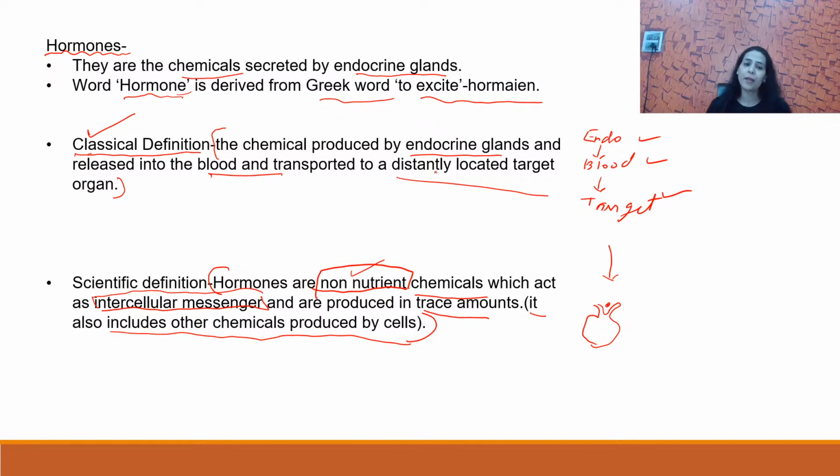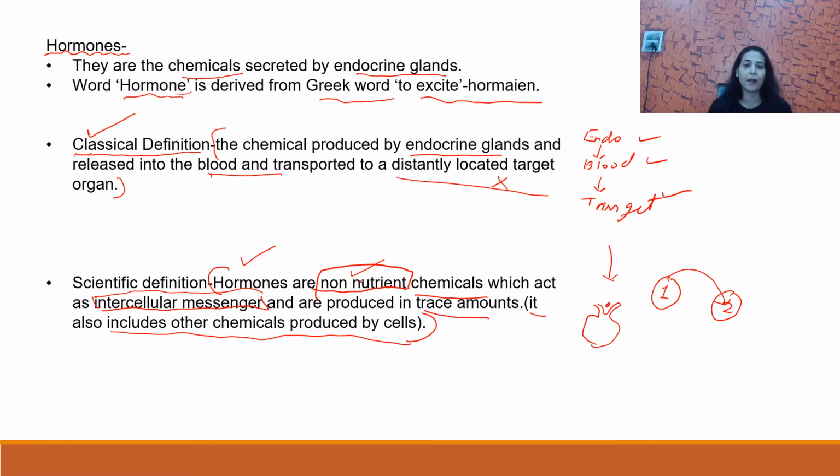Scientists have found that a hormone may be produced by cell number 1 and act on cell number 2 absolutely close to it. Then that particular point becomes invalid. Sometimes the hormone does not enter inside the cell, it just remains outside the cell and conveys the message. To keep that in mind, this scientific definition comes now.